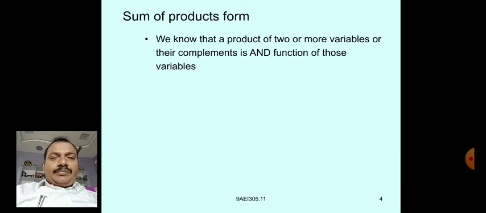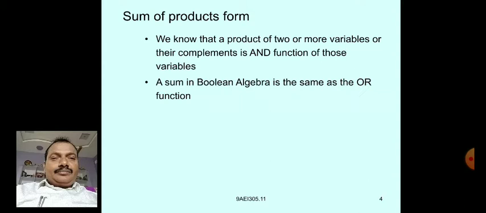Sum of products form. We know that a product of two or more variables or their complements is the AND function of those variables. A sum in Boolean algebra is the same as the OR function.